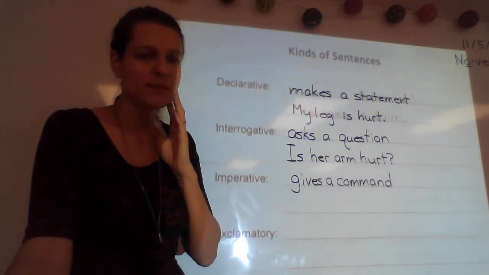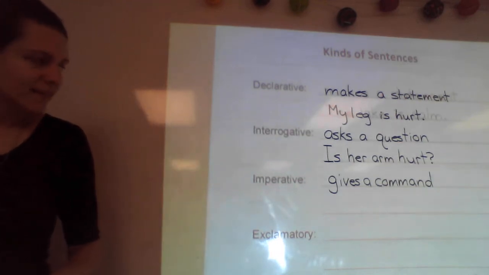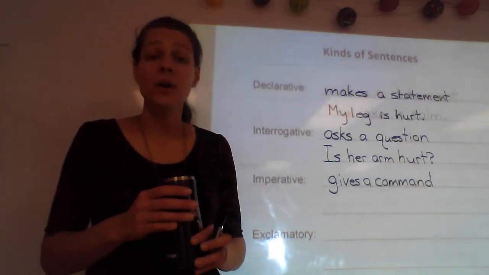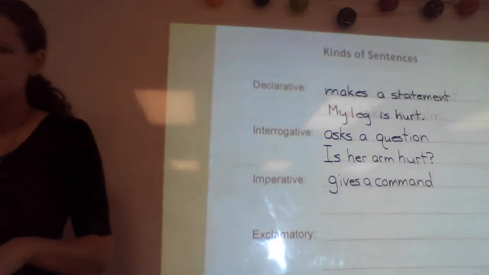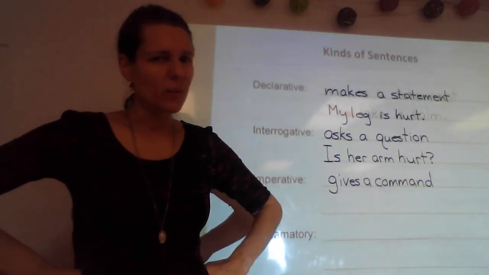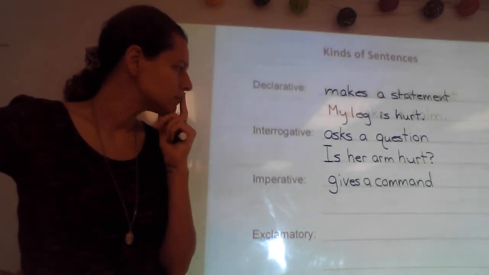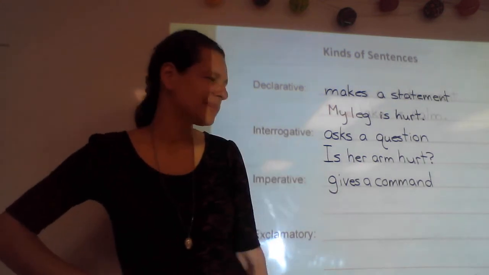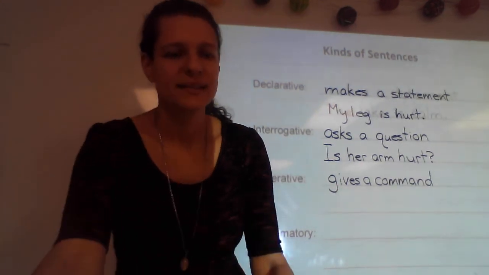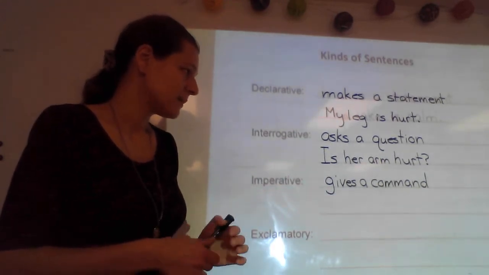All right, class, what was our sentence that we wrote that gave a command earlier? Good, go to bed. Wait a minute. Who or what is that sentence about? It's not about the bed, right? Because there's someone else that sentence is about.